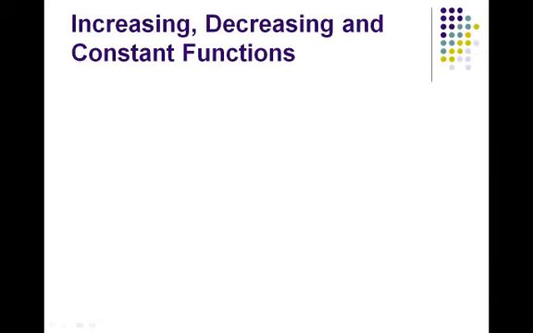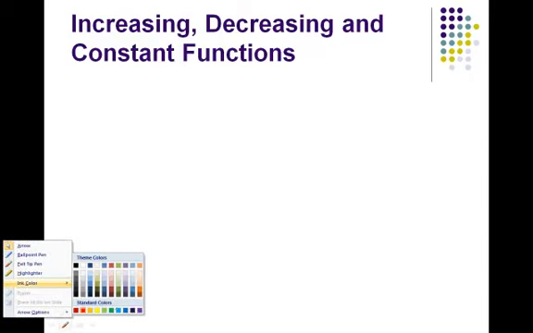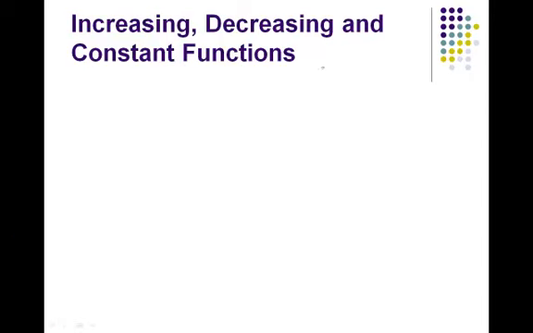So today we're talking more about functions and graphs, and we're first going to talk about increasing, decreasing, and constant functions. If you'll please open your books to page 165, you can see that at the bottom of the page there is a chart talking about increasing, decreasing, and constant functions.